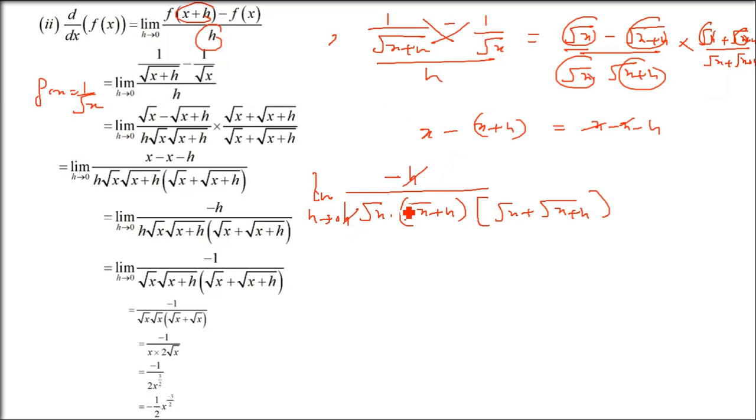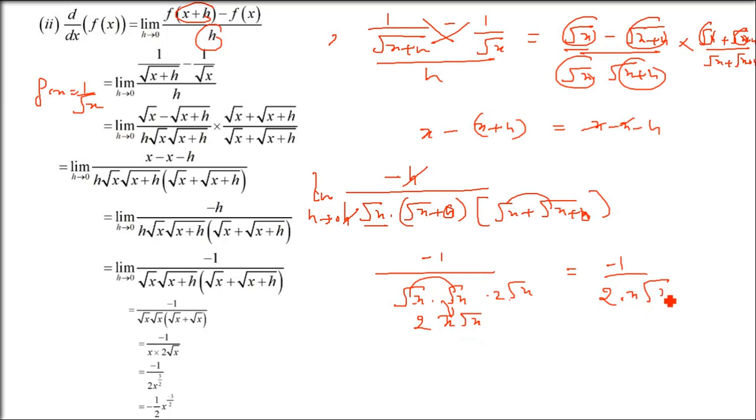So this h gets cancelled, you have this minus 1, so just put minus 1 and this h 0, so this is root x and multiplied by this has also become root x, and then we have this root x plus root x, that is 2 root x. So root x into root x into root x, this root x times root x is x and 1 root x will remain. So minus 1 by 2x root x.